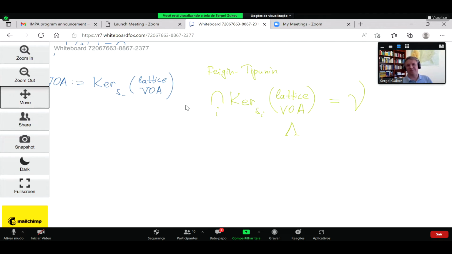So, for instance, Felder's construction of minimal models involves taking cohomology of BRST operators or screening operators. And here, in this so-called Feigin-Tipunin construction, one takes only kernels. So that's maybe another reason why conceptually one should expect something like logarithms appearing all over the place, or Jordan blocks, rather. These two are related.